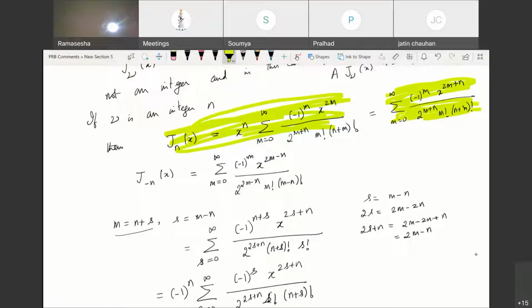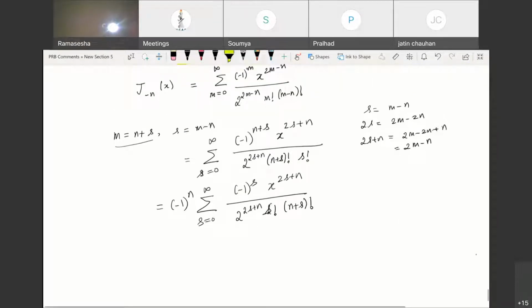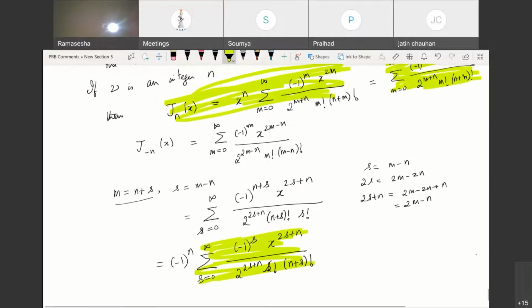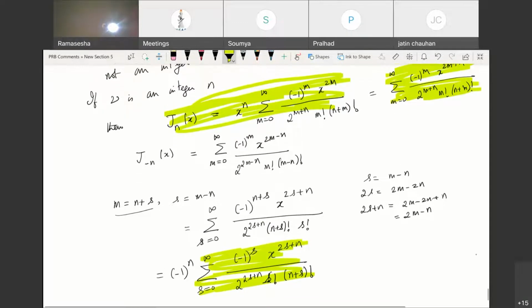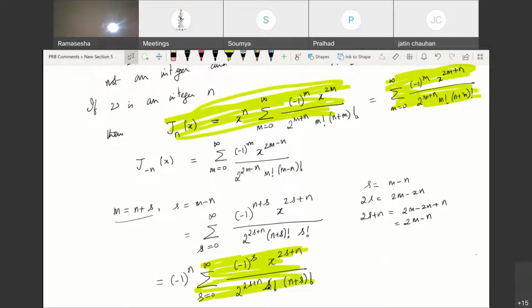So this equation with this equation. What do you see? You see that this one is minus 1 to the summation over m. You replace m by s, then you get exactly the same thing as here. And the summation index is always a dummy index, so it does not matter. So this is actually equal to Jn, right?